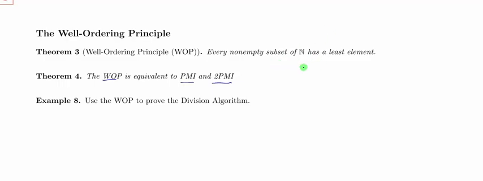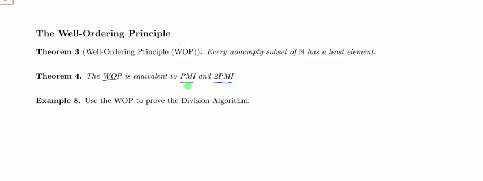Your kth case is a different subset, and using the fact that every non-empty subset has a least element, you would prove your statement. Rephrasing a problem that you would normally do with PMI or 2PMI in such a way that you can use the well-ordering principle is going to be fairly tricky, but sometimes you're dealing with subsets more, and it would make more sense to do an inductive style proof using the well-ordering principle instead of the other induction methods that we've seen.